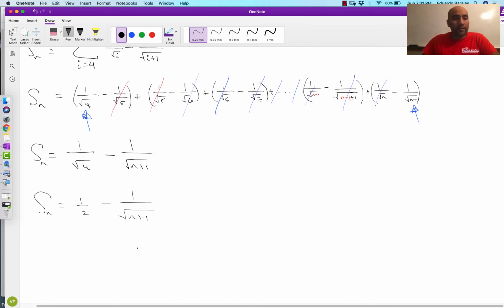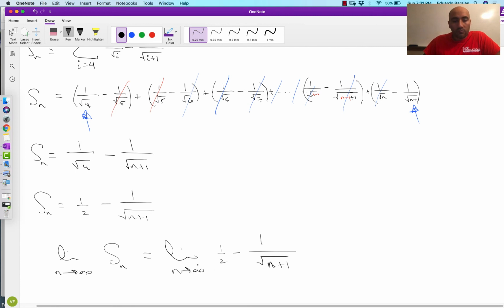Now if we think about the limit as n goes to infinity of S sub n, that's equal to the limit as n goes to infinity of 1/2 minus 1 over root n plus 1.